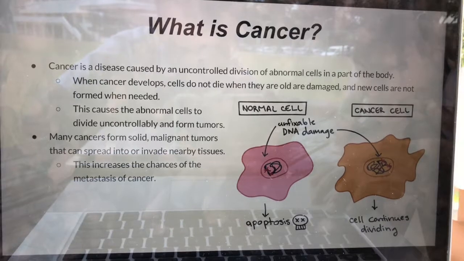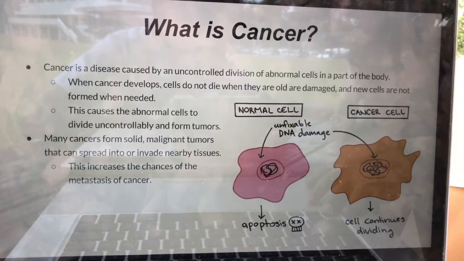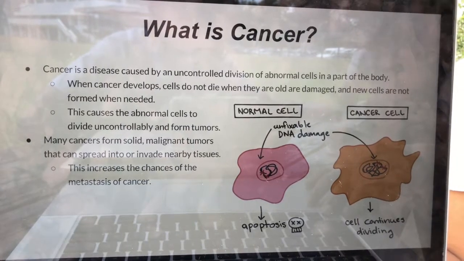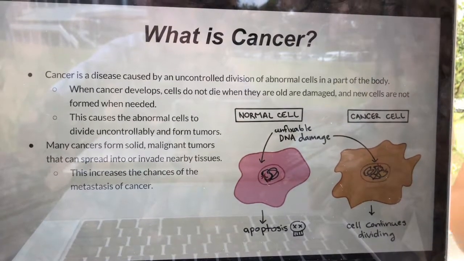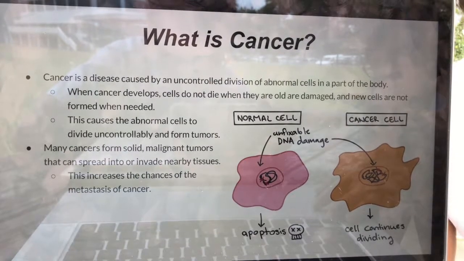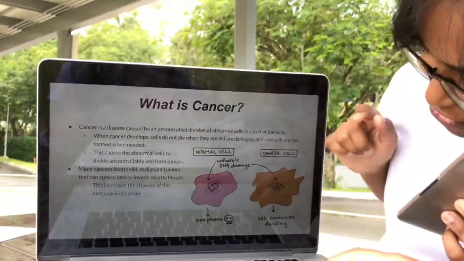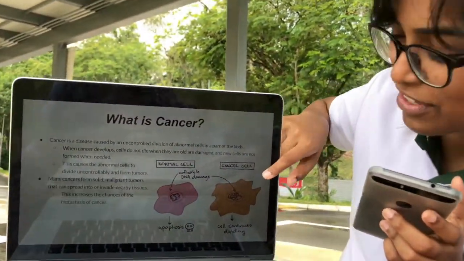So new cells aren't formed, but the harmful and dying cells are replicated. This forms tumors, which cause a lot of damage and are harmful to the body, causing cancer. And you can see the diagram here.